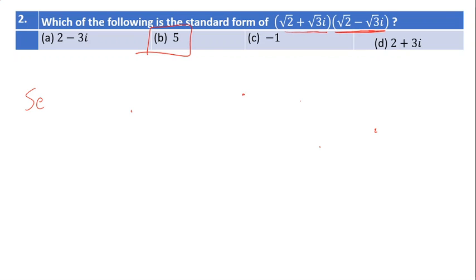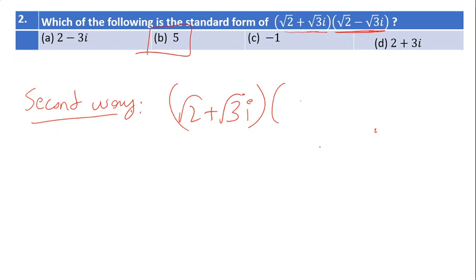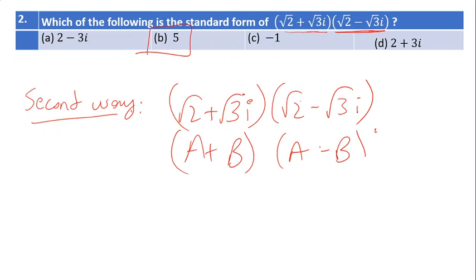You can see this product is like the product of a sum and a difference, and the rule is a squared minus b squared.